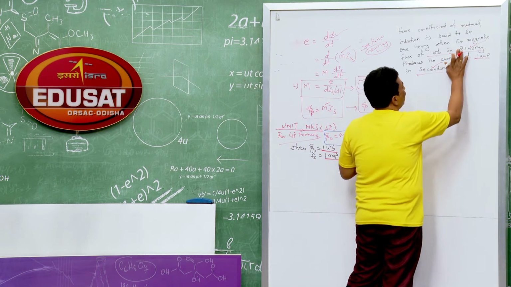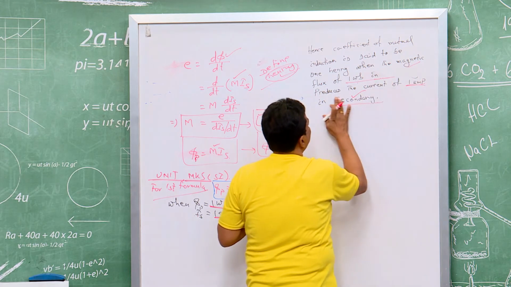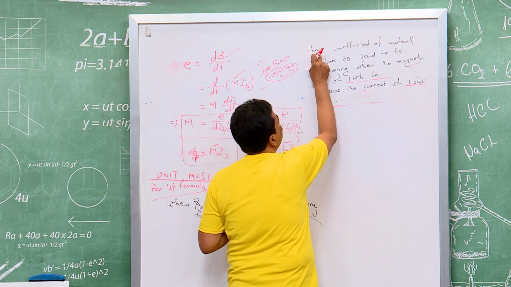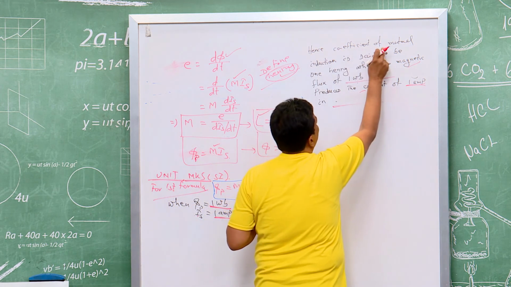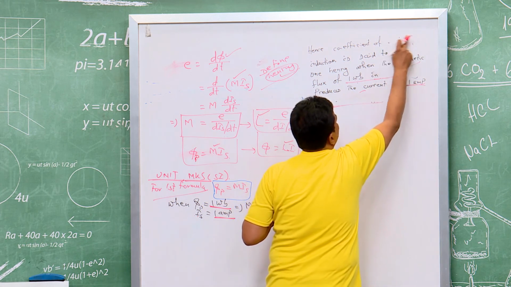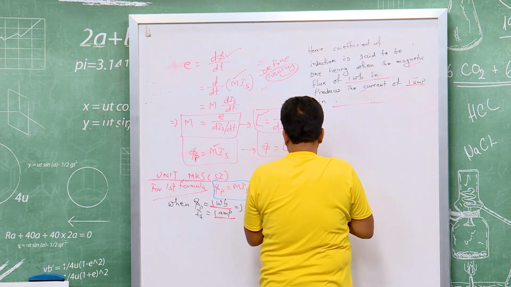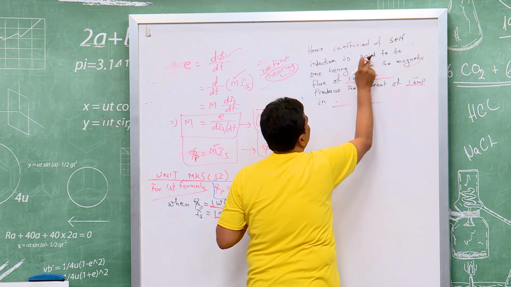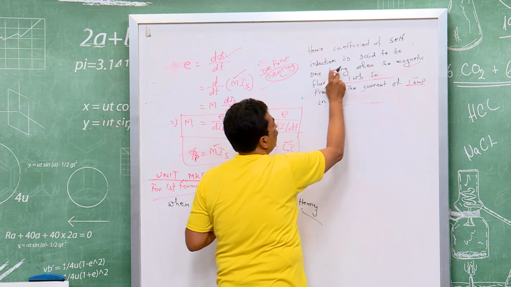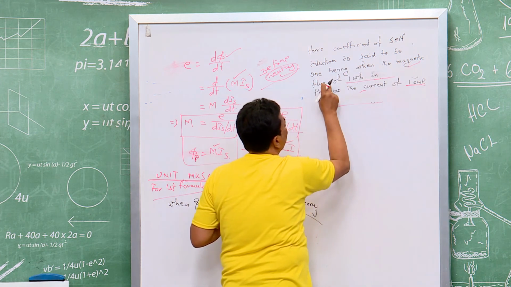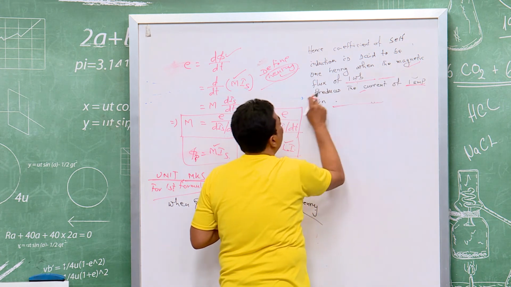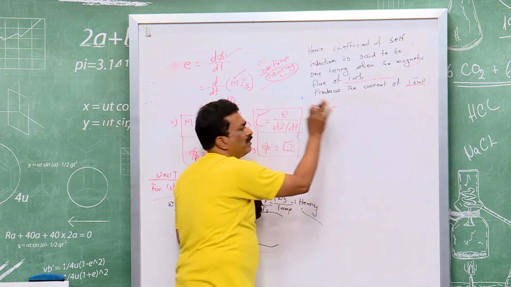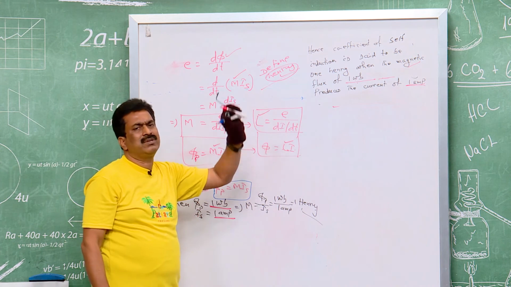Then what I had written becomes: hence coefficient of self induction is said to be 1 Henry when the magnetic flux of 1 Weber produces the current of 1 ampere. This is the definition of Henry.